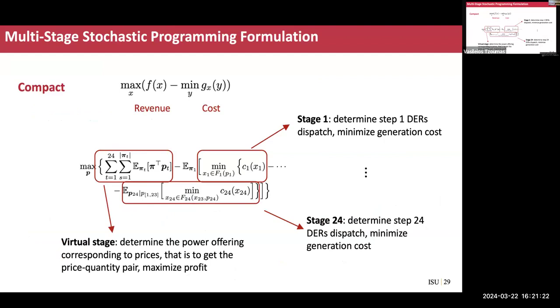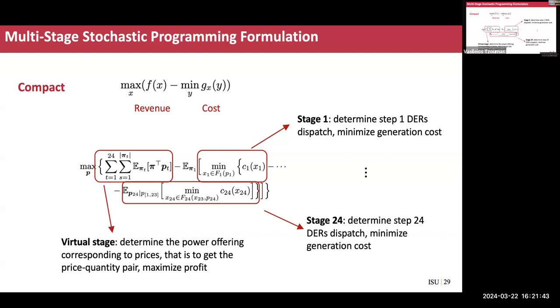So to be more specific, the full formulation we have here is in the first stage, in the virtual stage, we're trying to optimize the revenue we get by maximizing this expected profit we get from the product of the price and power offering.